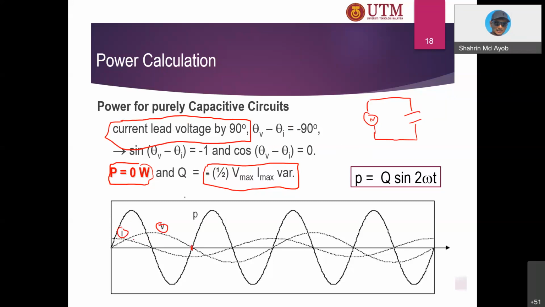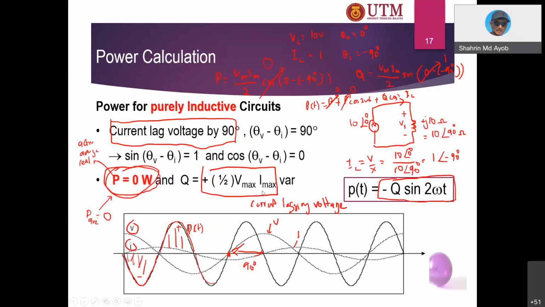The current is actually leading the voltage by 90 degrees. So it is a capacitive load, purely capacitive load, meaning that your P is 0 and your Q is negative. If your load is an inductor, your Q is positive.